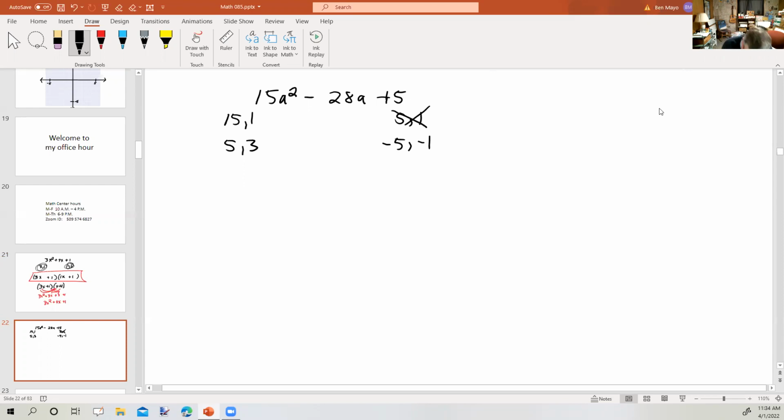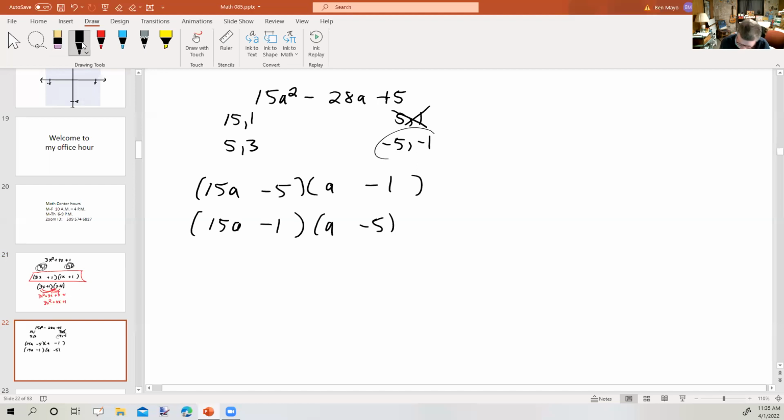Now, I'm going to write out the possible factor pairs: 15a and 1a, and then minus 5 and minus 1. Let's get rid of that 1 there because we don't need it. But it could also be 15a and 1a and minus 1 and minus 5. These could be reversed. My a's look like 9s.